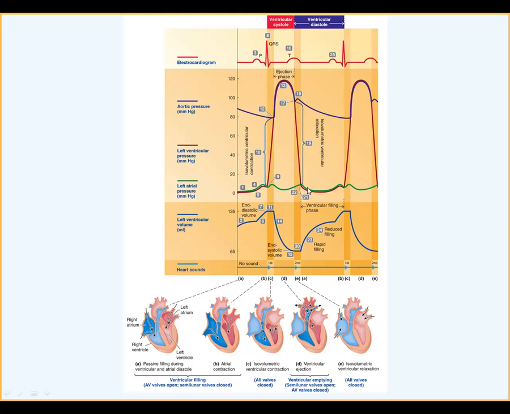Once you look at the Wiggers diagram in the way that we just described together, it's going to be very easy for you to summarize even the entire chapter, because now you understand how you link the EKG with pressure gradients that take place in the atria and the ventricles and in the aorta, and also relate that to the ventricular filling and the ventricular ejection.